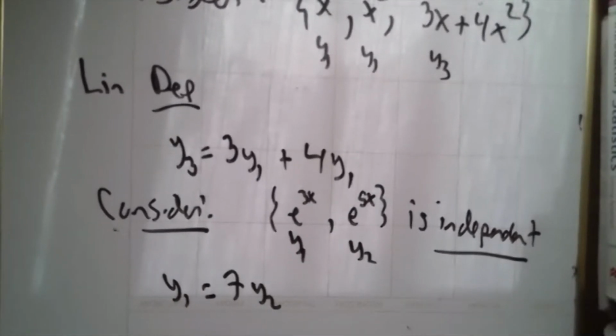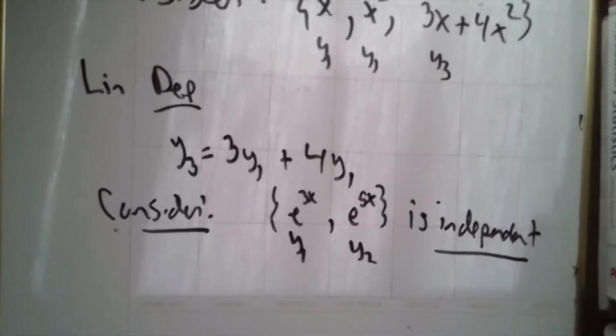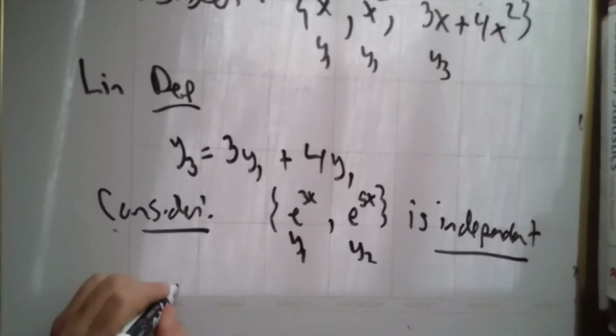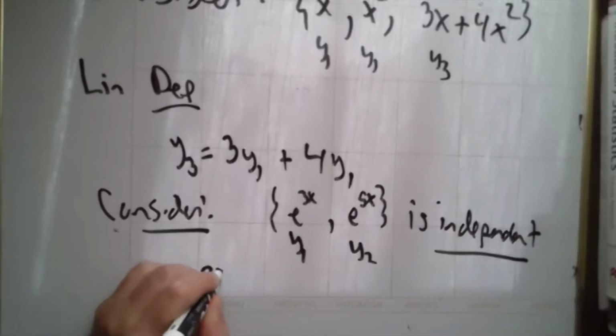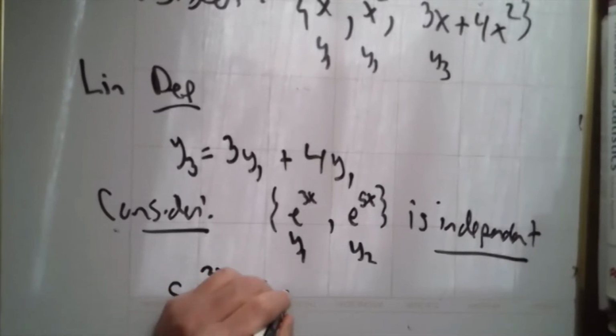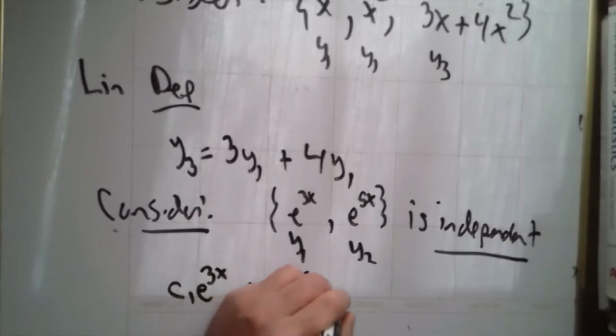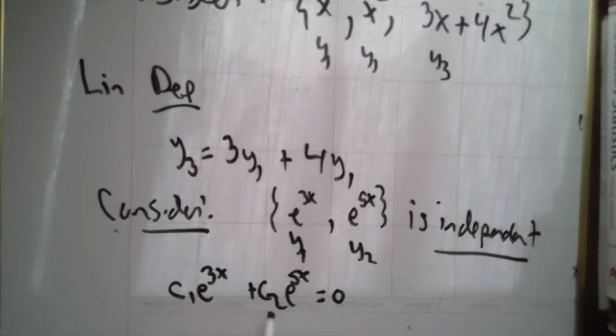Or another way of saying that is if you know c1 e to the 3x plus c2 e to the 5x must be equal to 0, the only way that's possible is both of the coefficients must be 0.